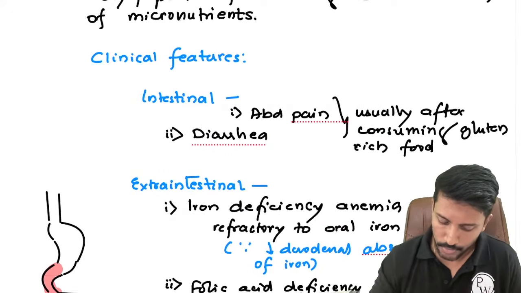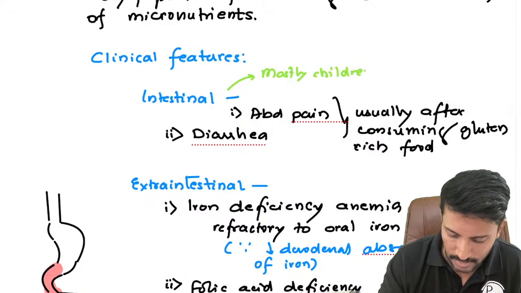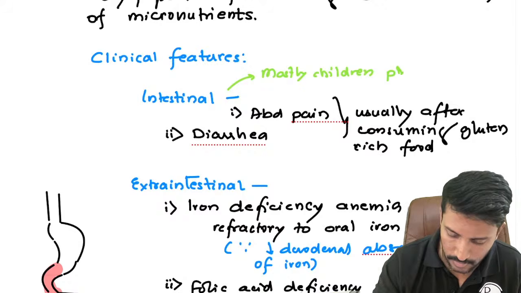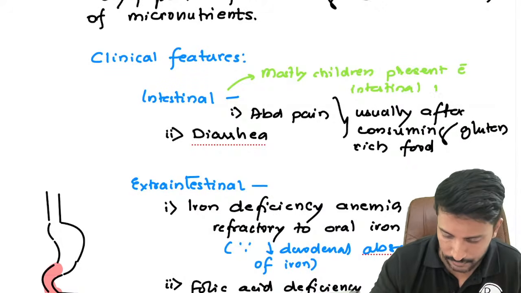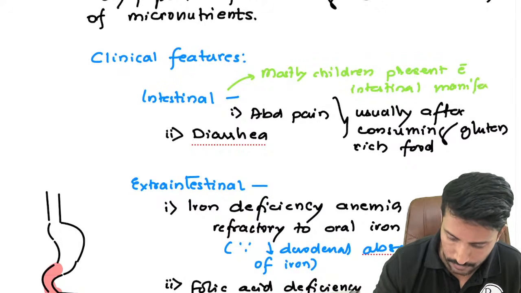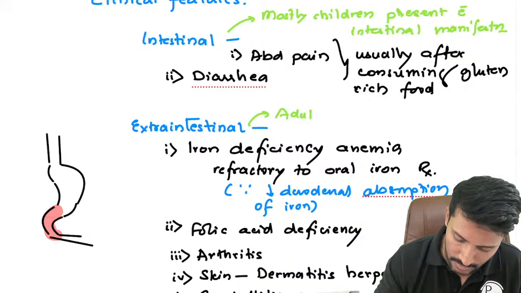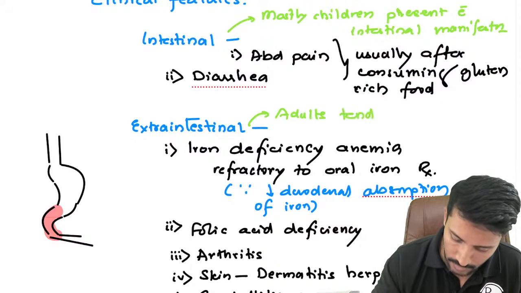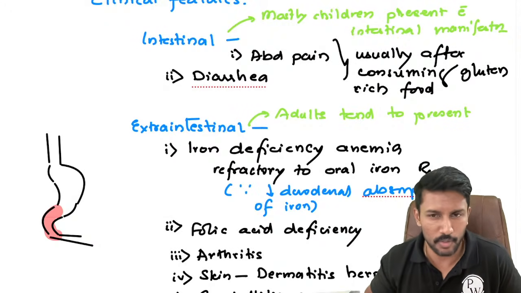Now, the point we have to note is that mostly children present with intestinal manifestations, and adults tend to present with extraintestinal manifestations. Adults won't mostly say, okay sir, after eating chapati I have little abdominal discomfort.